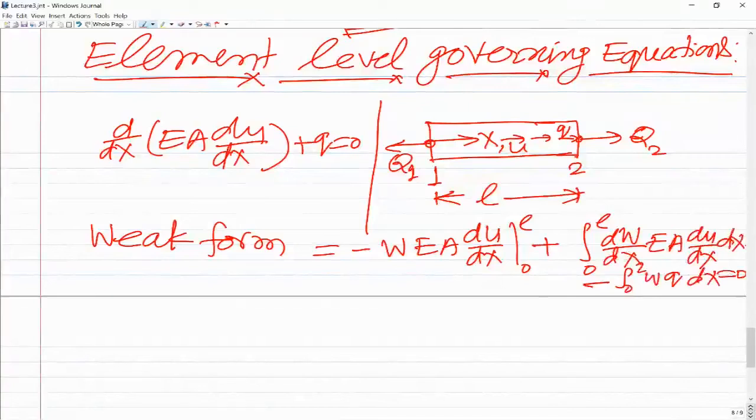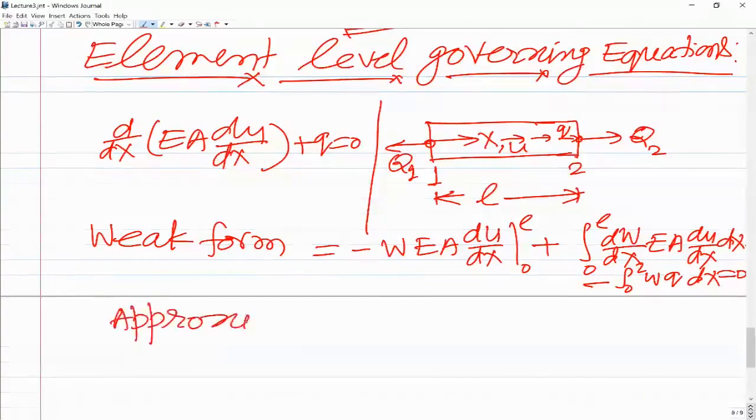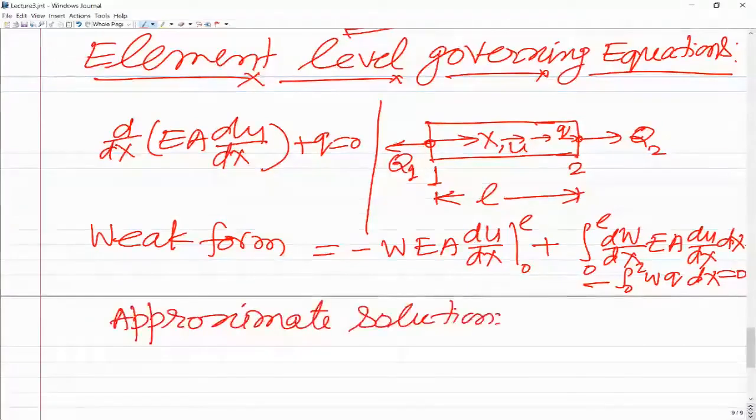Now we want to develop the element level governing equation for this. The first thing is we need to assume an approximate solution for u within the element. How do we do that?